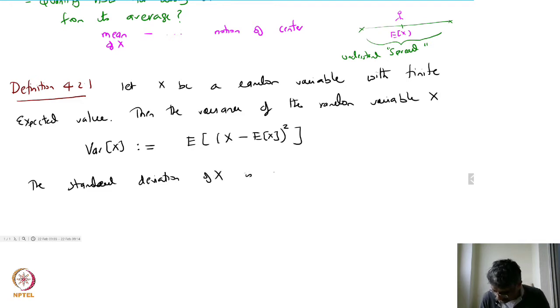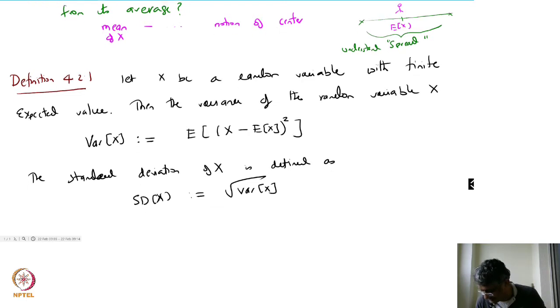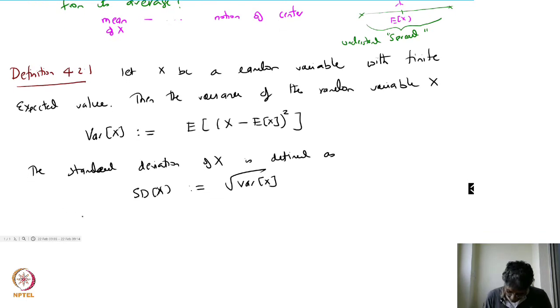is defined as, so I think I will use the notation SD of x, is given as the square root of the variance of x. So again, we have seen the well-definedness of standard deviation, because note that we had seen before, if y is non-negative, then this implies that E of y is non-negative.